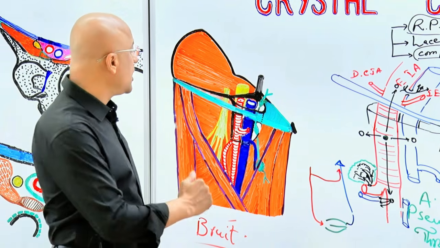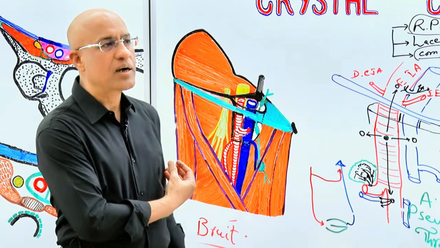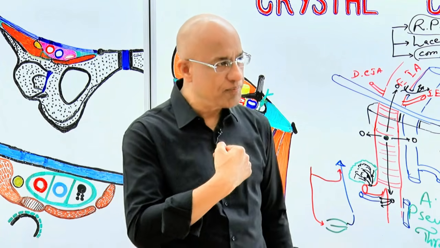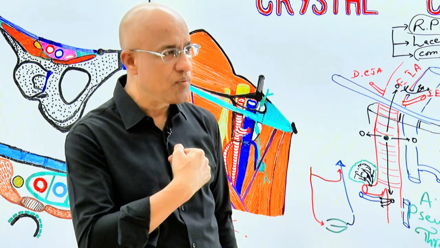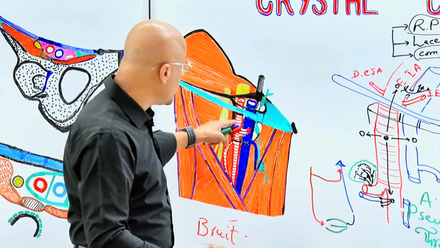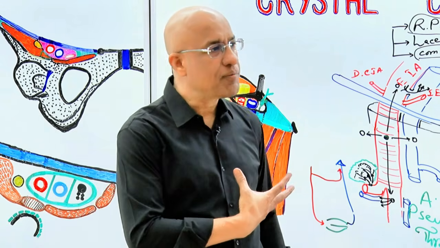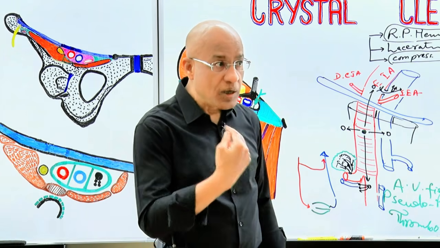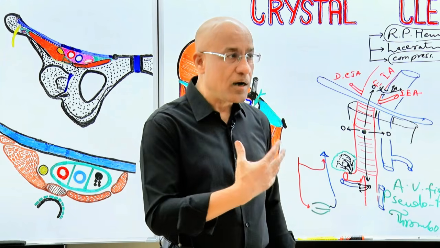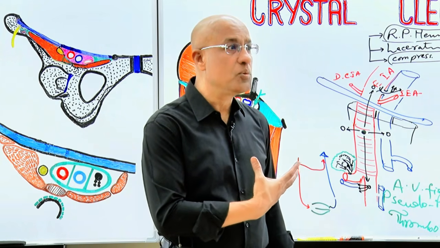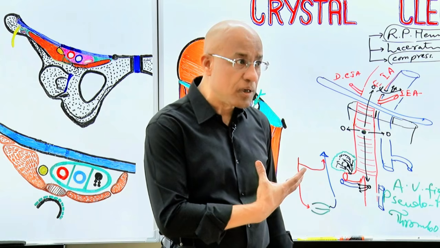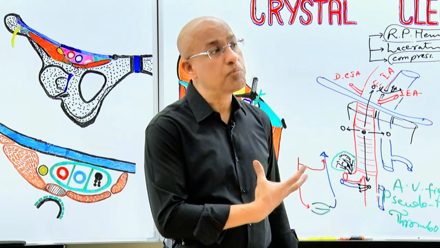For example, normally left heart cardiac output is 5 liters per minute. But because 2 liters is lost here, now to maintain perfusion throughout the body, due to this AV fistula and shunting of the blood, the left heart is receiving more venous return, and it has to pump more blood.